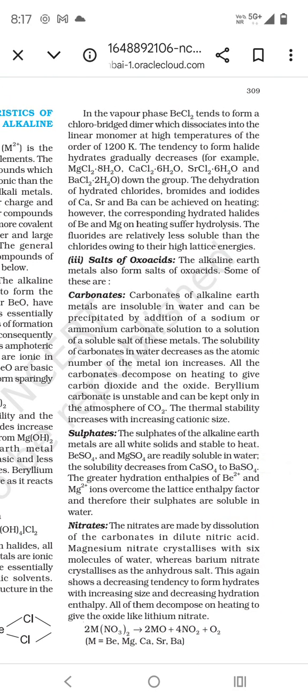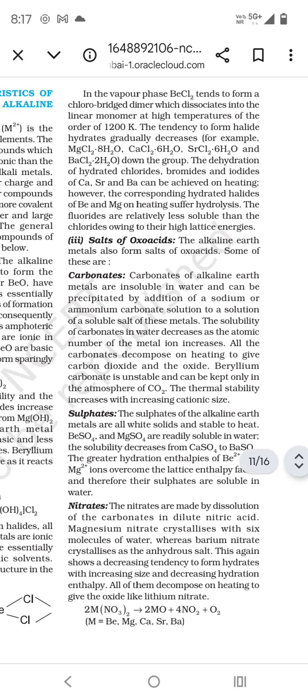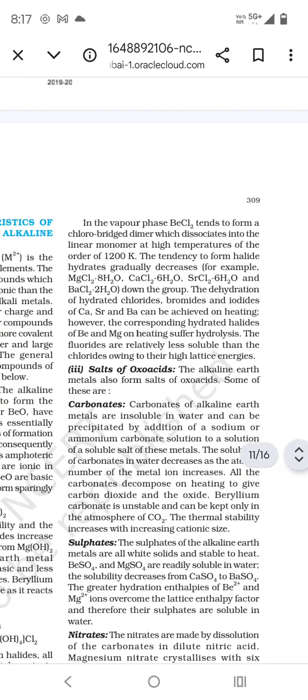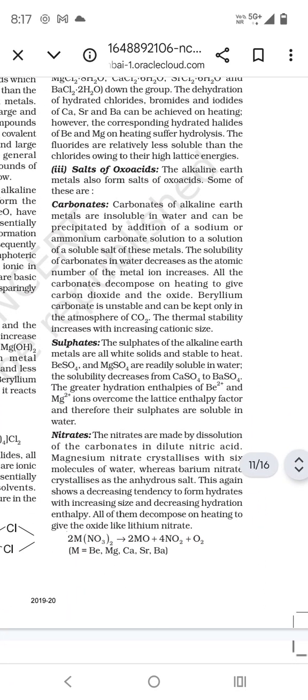Salts of oxoacids. The alkaline earth metals form salts of oxoacids. The carbonates of the alkaline earth metals are insoluble in water and can be precipitated by the addition of sodium or ammonium carbonate solution to a solution of a soluble salt of these metals.